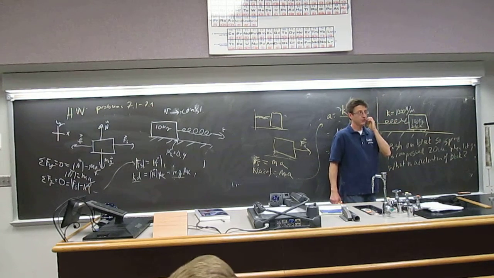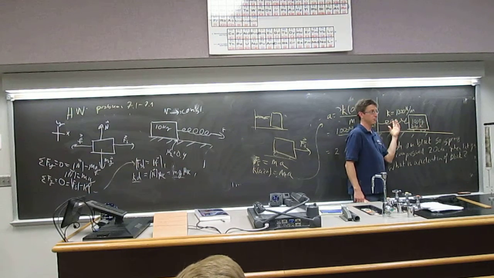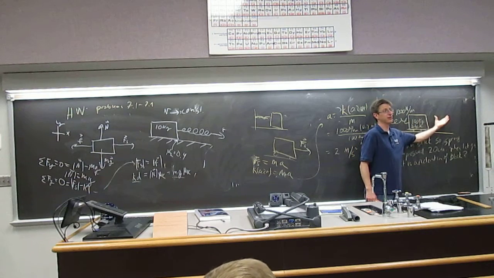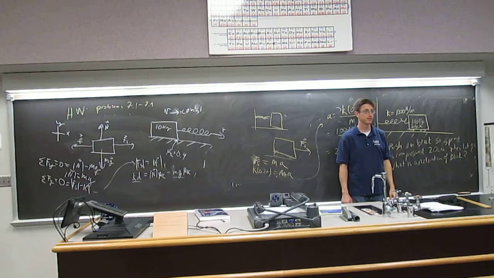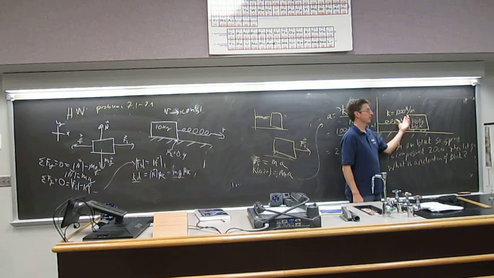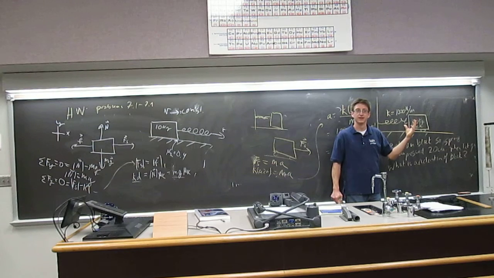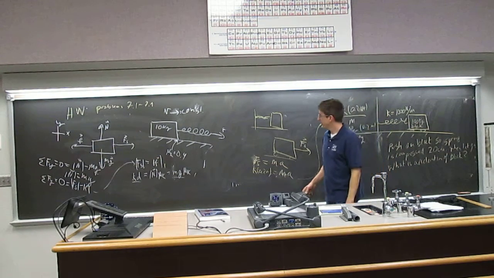It turns out that if I do work to compress the spring and then let it go, I get kinetic energy equal to the amount of work I did to compress this spring. This spring is another example of what we call a conservative force. The energy is conserved in it when I compress it.